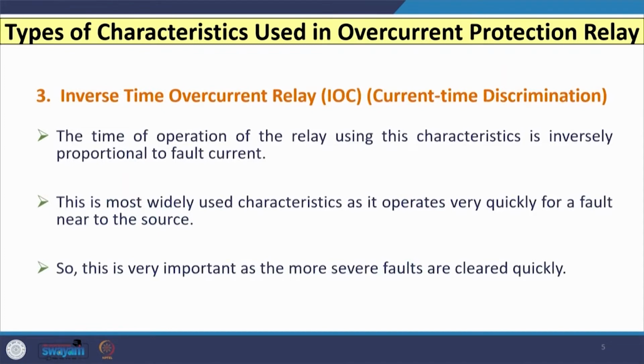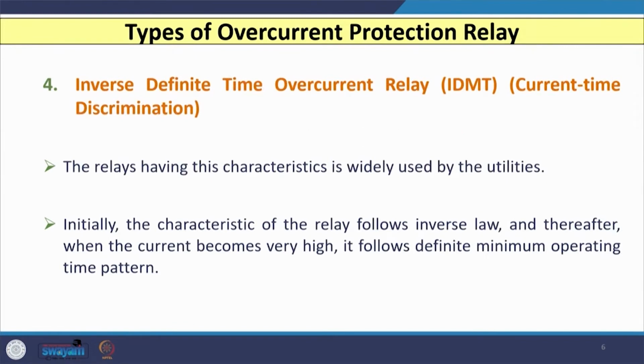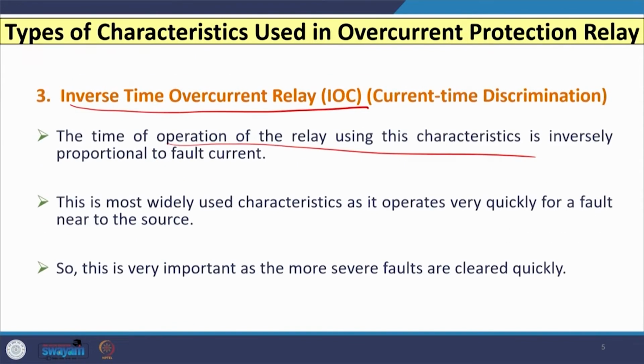If we combine both current discrimination and time discrimination philosophy, that gives us the third type of characteristic, which is known as the inverse time overcurrent characteristic. In this case, the time of operation of the relay is inversely proportional to the magnitude of fault current. The higher the magnitude of fault current, the lower the time of operation of the relay, and vice versa. The most widely used characteristics under inverse time overcurrent relays are normal inverse, very inverse and extremely inverse.